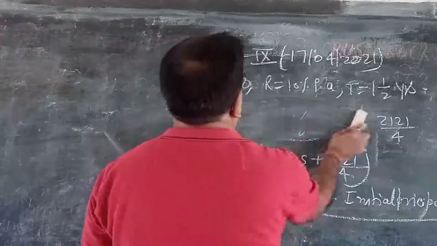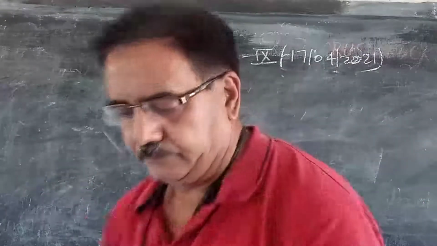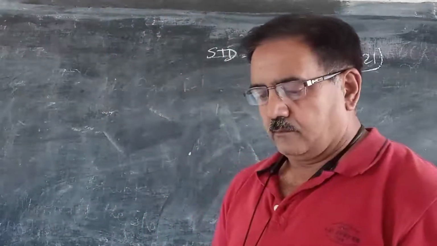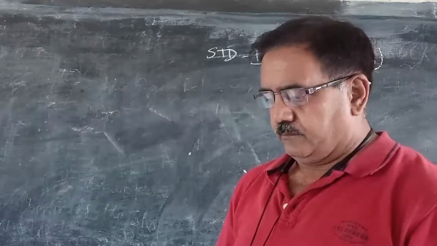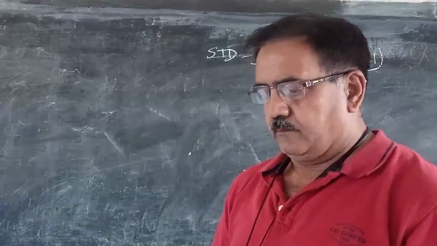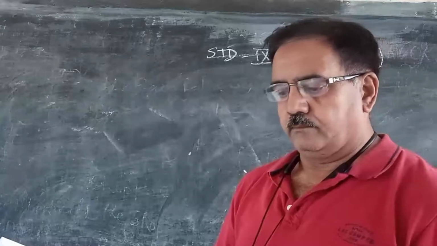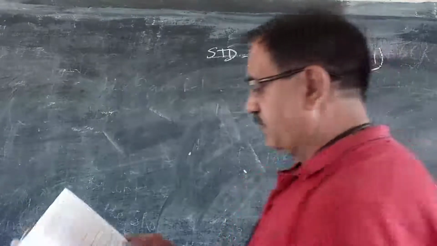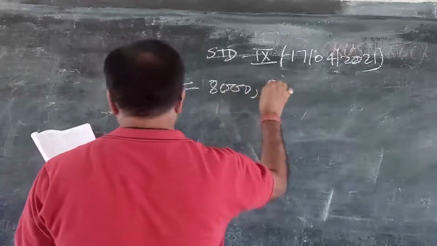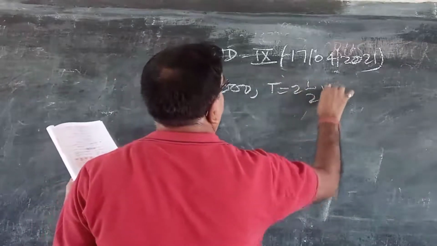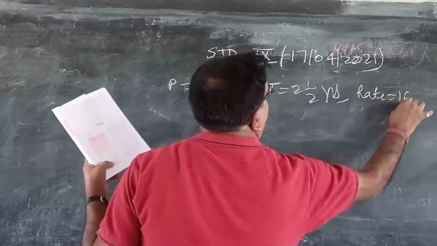Another way, suppose principal given 8,000, time 2.5 years, rate 15%.